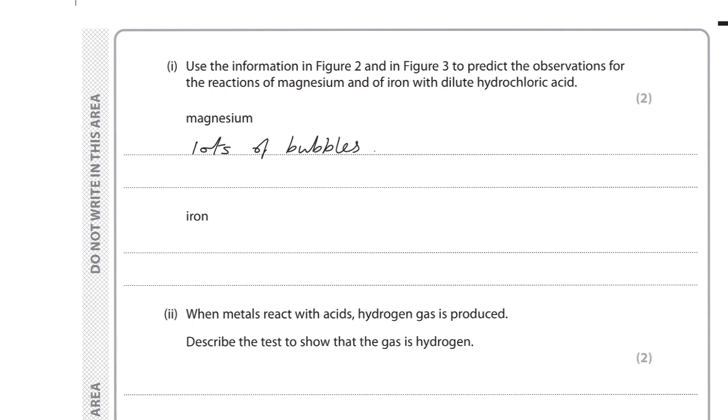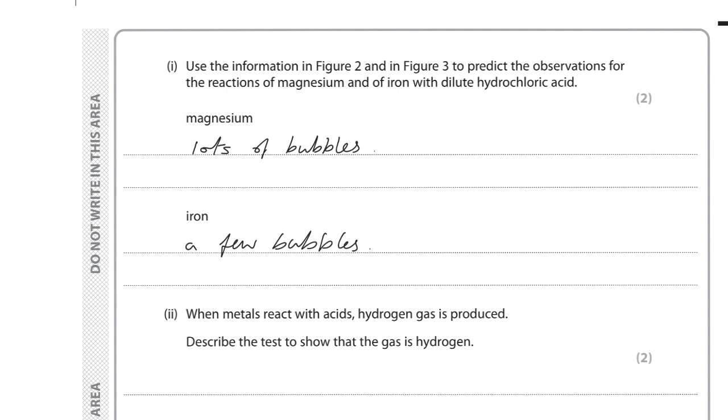And iron, you will get a few bubbles. Now that would get you the 2 marks. You could also say that magnesium gets warm, or it feels hot, the test tube gets warmer. And with iron, it gets very slightly warm, that was allowed.